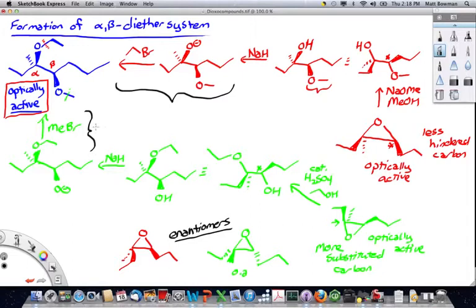This one is better. Methyl bromide, less hindrance here, less hindrance here. This gives the better SN2. But really, the two are fairly comparable to each other. So which one you actually go for depends on either you're given a particular epoxide to start with, or if not, then you can do this same analysis, go backwards to find one or the other.